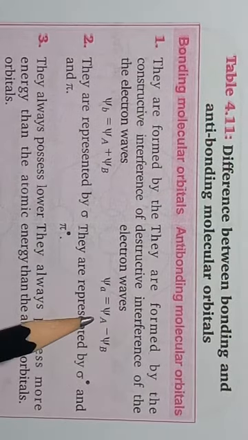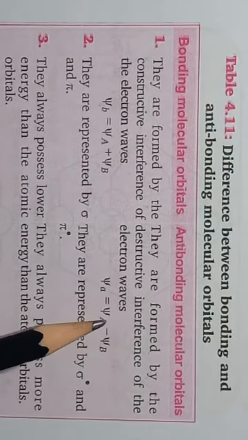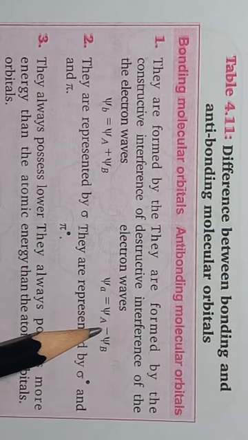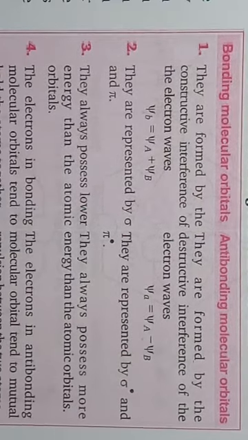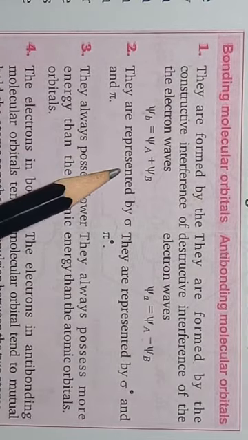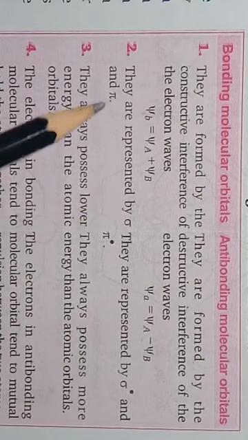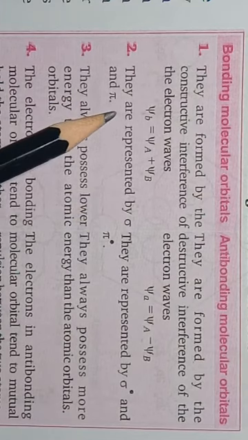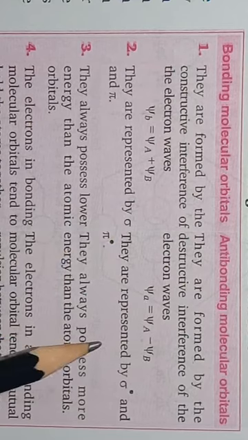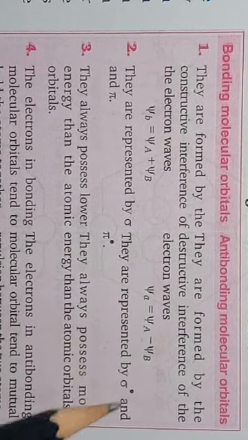Okay, so this destructive interference is shown with the help of a minus sign. Okay, students. The second point, bonding molecular orbitals are represented as sigma and pi or delta without any star sign, whereas anti-bonding are represented with a star sign.